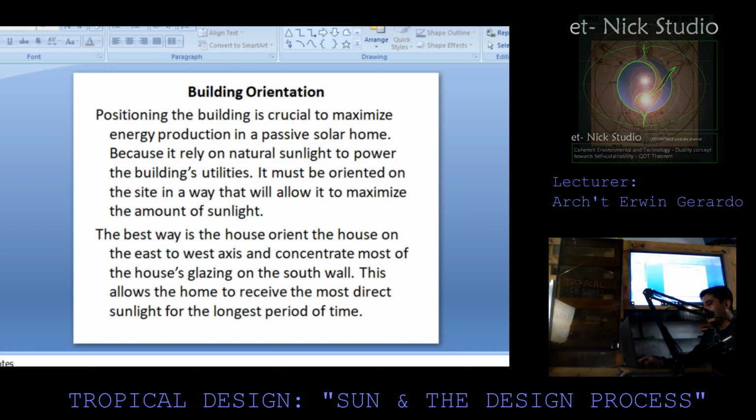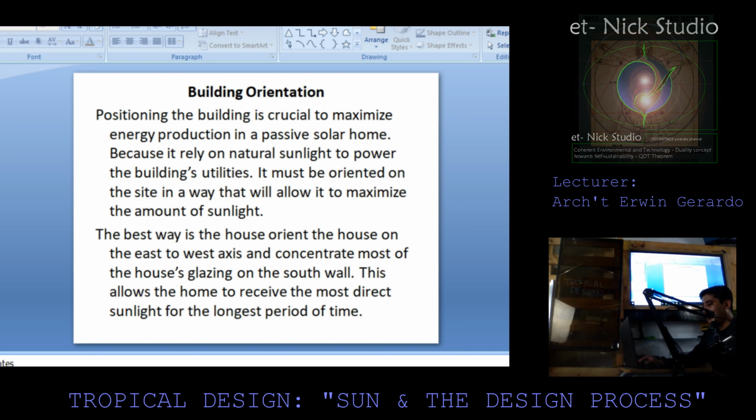Building orientation. Positioning of the building is crucial to maximize energy production in a passive solar home because it relies on natural sunlight to power the building's utilities. It must be oriented on the site in a way that will allow it to maximize the amount of sunlight.